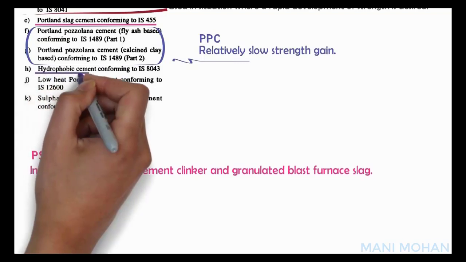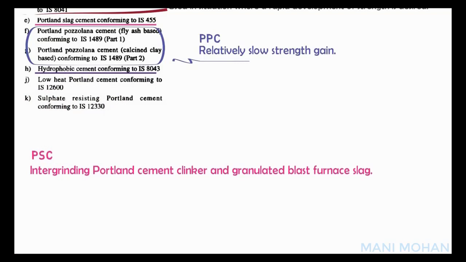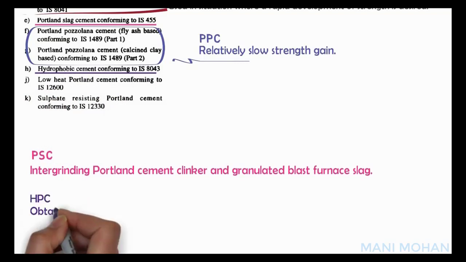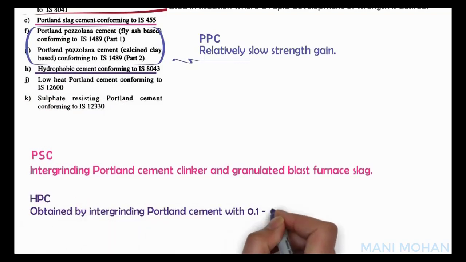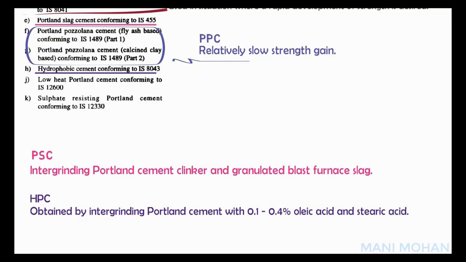Next is hydrophobic Portland cement, HPC. This cement is obtained by intergrinding Portland cement with 0.1 to 0.4% of oleic acid and stearic acid. The hydrophobic property is due to the formation of a water repellent film around each particle of cement.